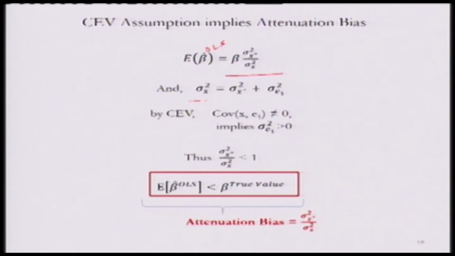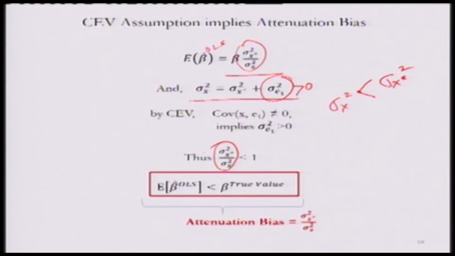Once again what you do is you replace this term over here, the variance of x equal to the variance of the true value of x plus the variance of the measurement error, and because this is positive, sigma square x must be greater than sigma x star square. Okay. And if this is the case, then this value over here, which is the bias term, is less than 1.